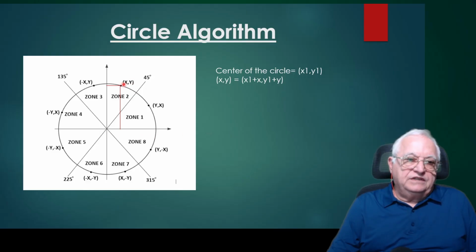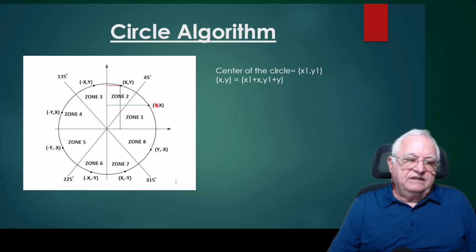So this point is the center plus the x, which gives me this point, and for the y it is the center plus the y value. So the x, y is going to be x1 plus x, y1 plus y.